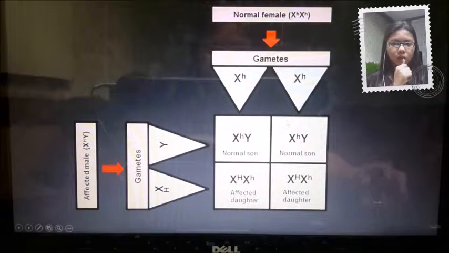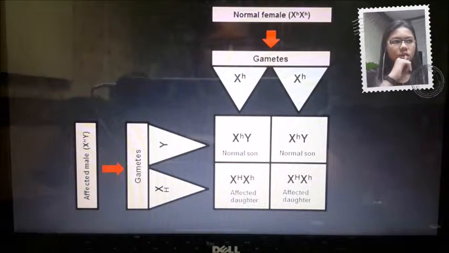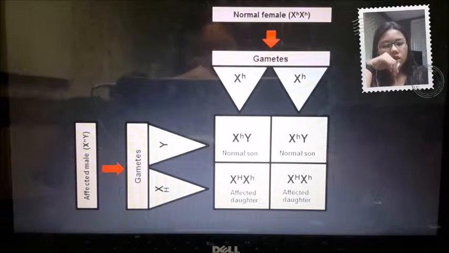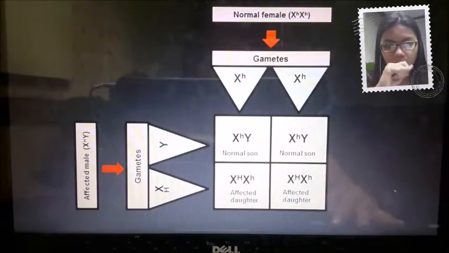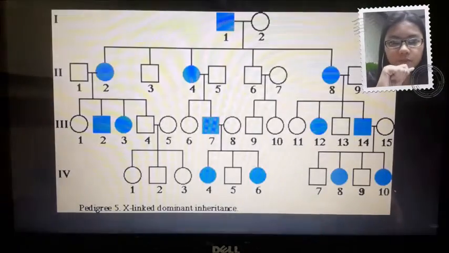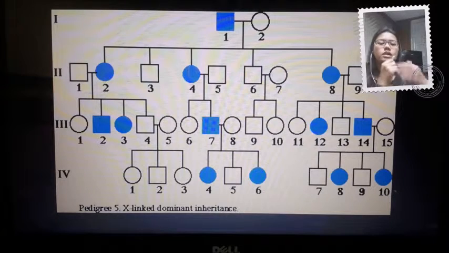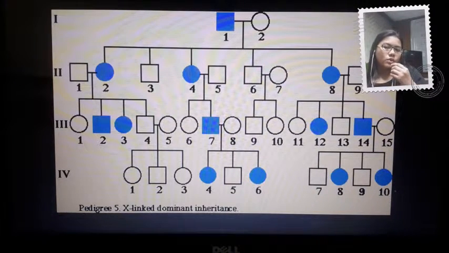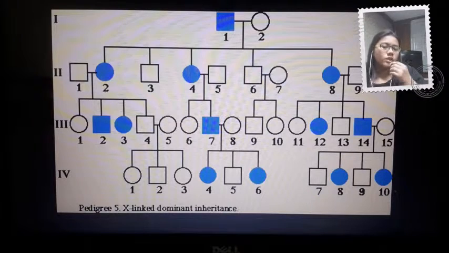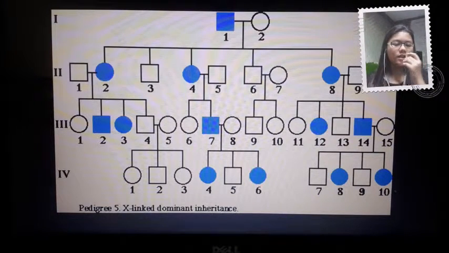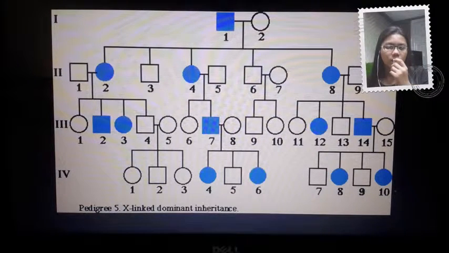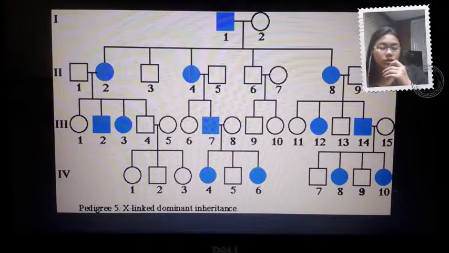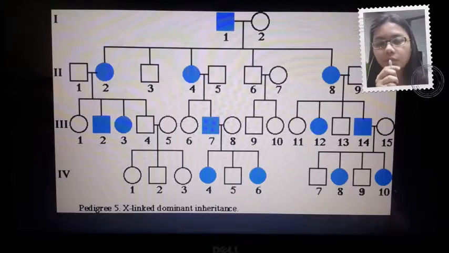It explains why in X-linked dominant inheritance the son never inherits the trait from the father. Being dominant, it also doesn't skip generations. Every generation has it, and if one generation is not seen with the trait, then most probably that generation only inherited the recessive alleles from the parents.